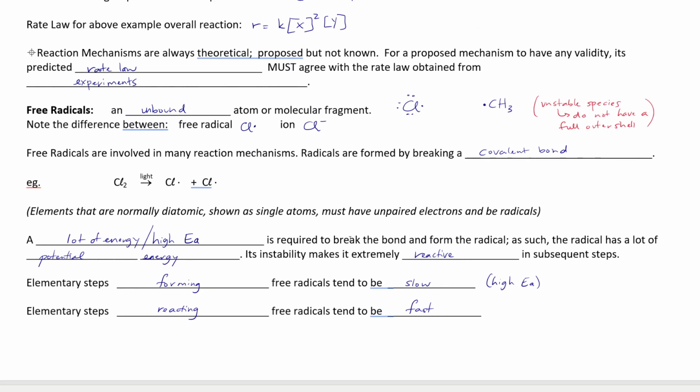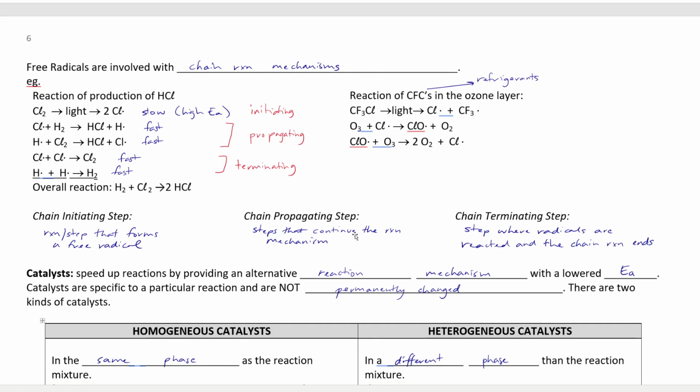We talked about free radicals being unstable species that do not have a full outer shell, and they are involved in reaction mechanisms because they first form and then they propagate by reacting with other compounds, and then in the end they terminate by finally reacting and being consumed.